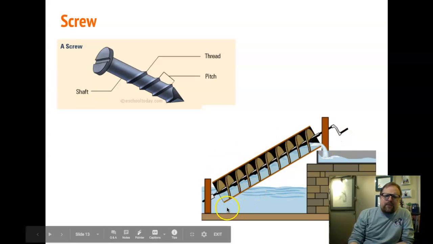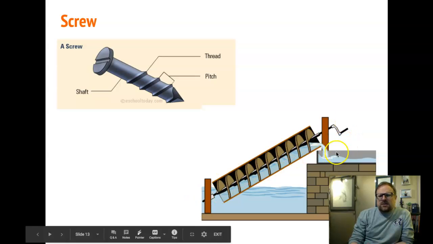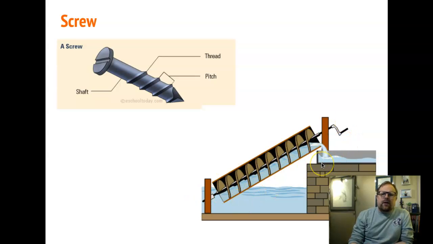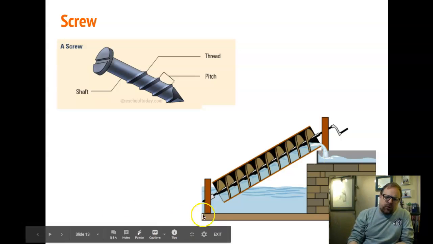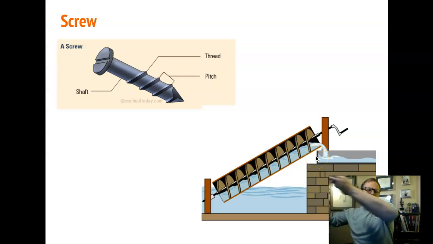We actually use this function to have input force at the top here, and that's drawing water up in this screw assembly to bring it up from a lower area to a higher area. Again, it makes it easier for us because we don't have to do much input force to crank that screw to bring the water up, compared to actually taking all that water and lifting it up bucket by bucket at a time.